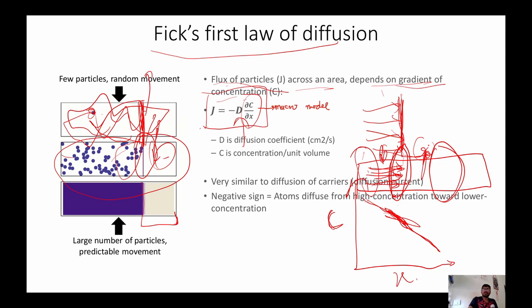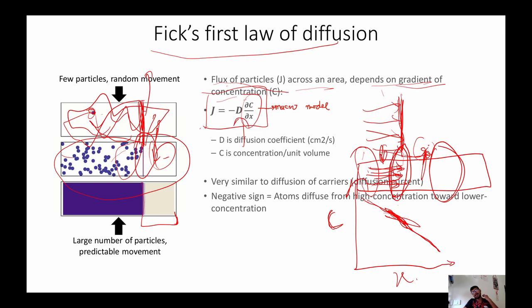Okay, so it is very similar to carrier diffusion, if you have studied semiconductor device physics. There is diffusion of carriers from higher concentration to lower concentration in the PN junction or in any kind of junction.